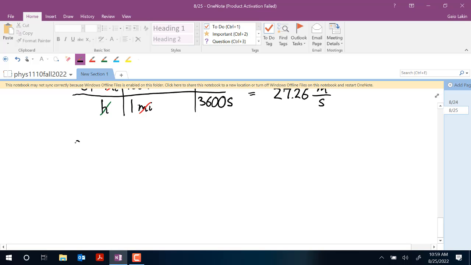Okay, so now let's do one where one of the unit types is squared.